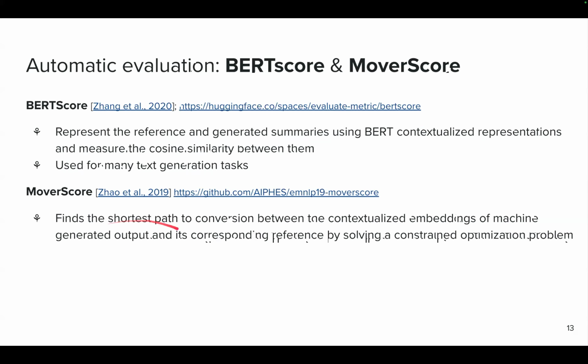Then you try to find the shortest path to convert the vector that represents your generated summary into the vector representing your reference summary by solving a constrained optimization problem. This is more complicated as an idea. We are not going to go into details, but you would just use the available implementation. You wouldn't do it yourself.